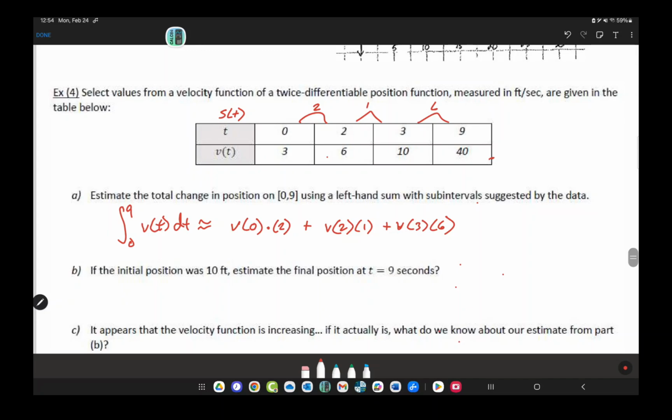So this is going to be 3 times 2 plus 6 times 1 plus 10 times 6. That gives you 6 plus 6 plus 60, 72 feet.